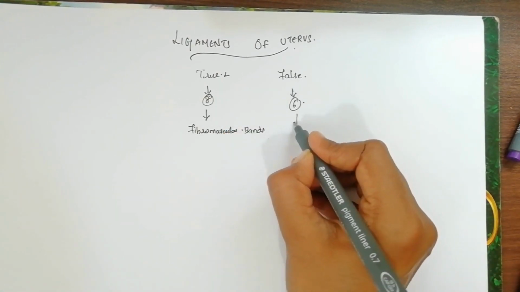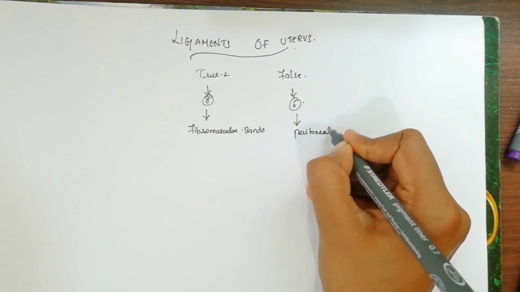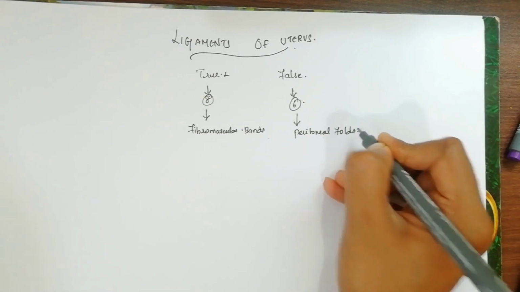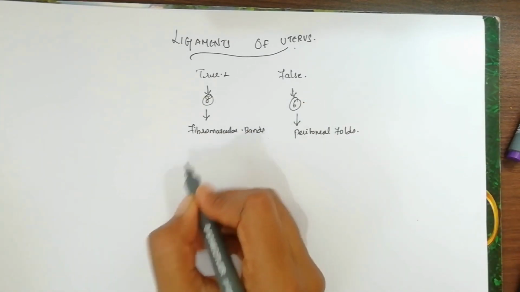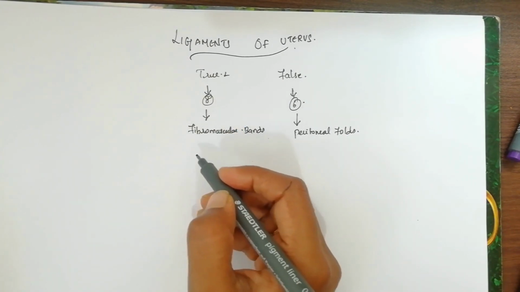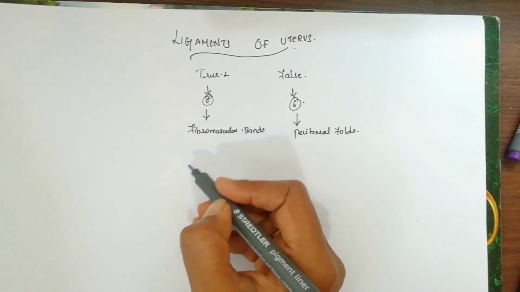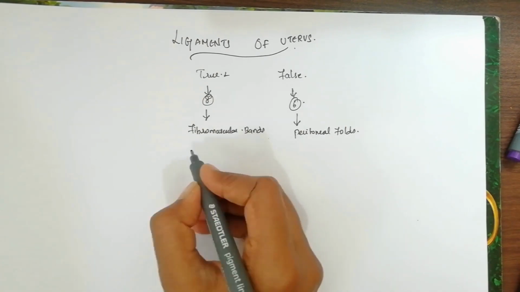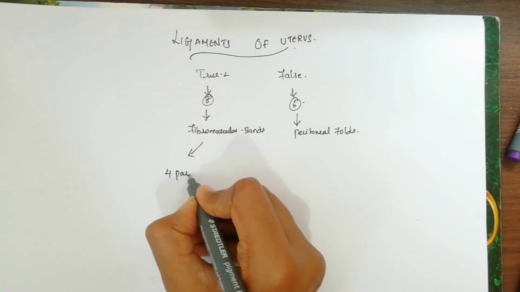If you are taking false ligaments, those are peritoneal folds. So peritoneal folds are considered as false ligaments. Now the true ligaments, which are 8 in number, are actually 4 paired ligaments, which will be seen on either side. That's why we have 8 true ligaments.